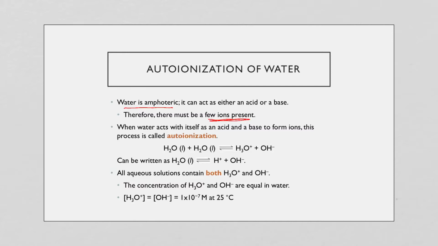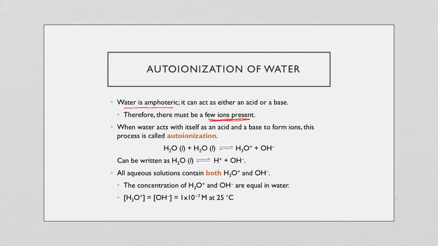Because if it's amphoteric, right, and it can do both, then perhaps it can react with itself. And this is what we see, right? We see a small amount of water that reacts with other water. So even in pure water, we have small amounts of hydronium and hydroxide.